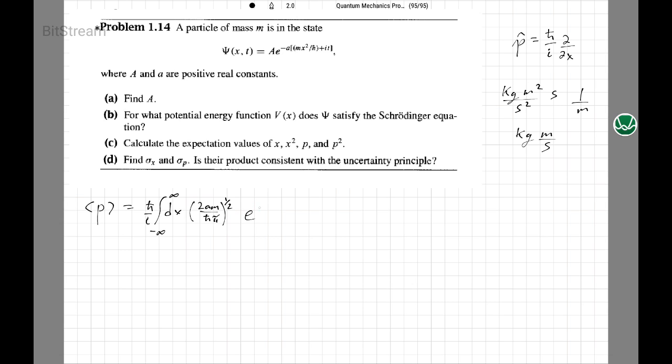Then we have e to the negative amx squared over h bar times del x acting on this guy. So we need to take that derivative. And it's not bad.